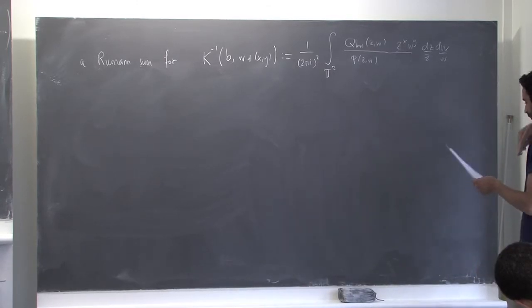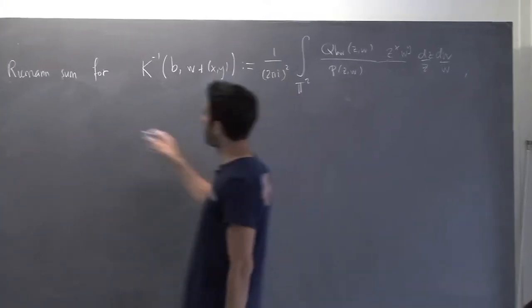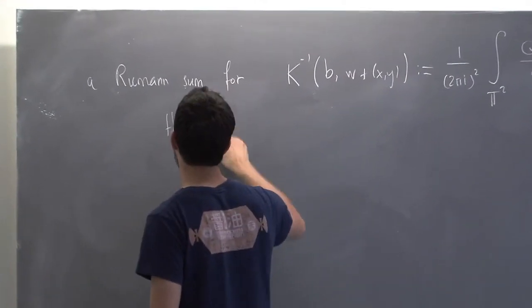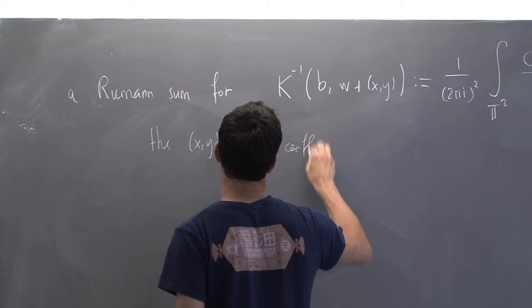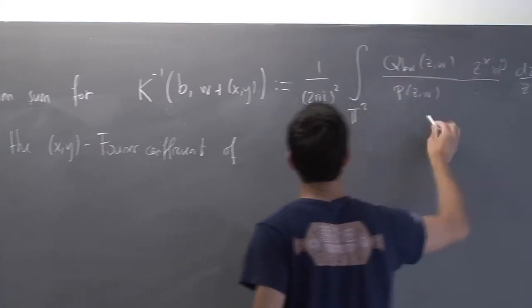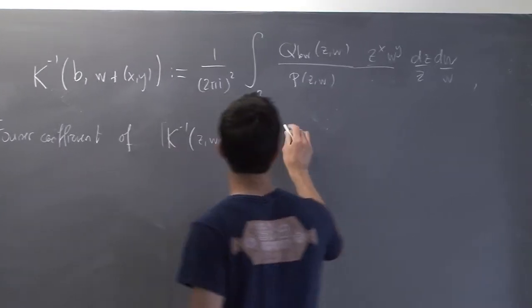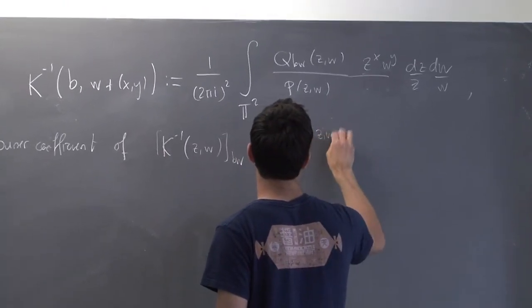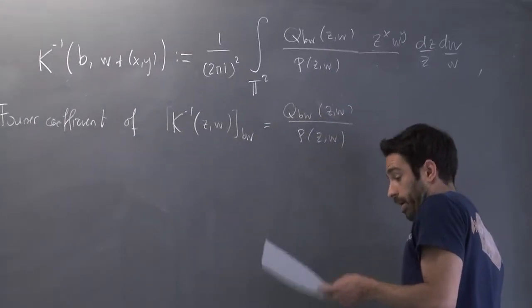Okay. Now note that this thing here is nothing but the xy Fourier coefficient of this thing here, that is this, of k minus 1 zw.